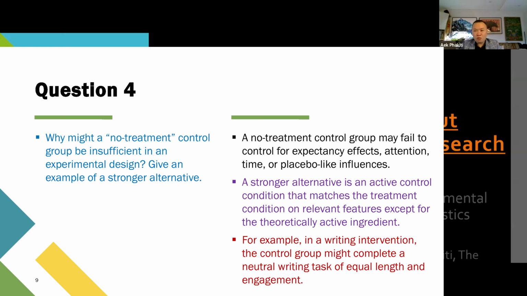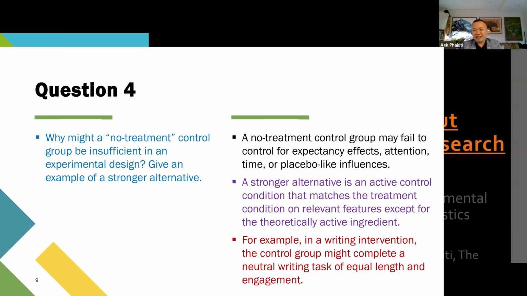The control group will receive just glucose, like sugar, or something that doesn't have anything, or maybe just water. And then they feel like, oh, I feel better today because of these drinks that they receive, right? But actually, it's just the water.